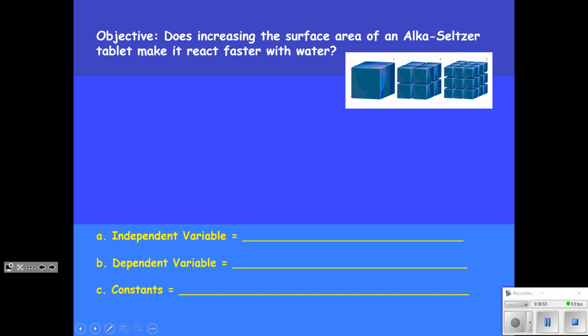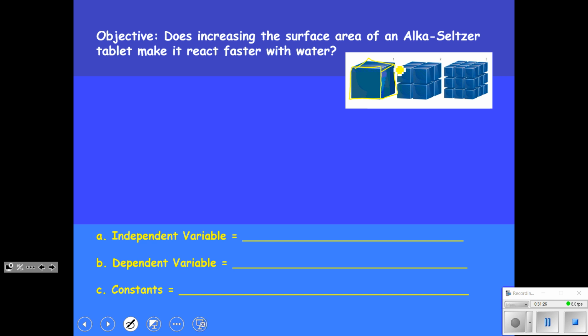So a little bit about surface area if you don't know. Surface area is how much contact the particles have with the outside environment. So if you're looking at something like this, think about it this way. Just these particles that are on the surface of that cube, let's say it's a sugar cube, only the surface ones that are right here have contact with the outside environment.